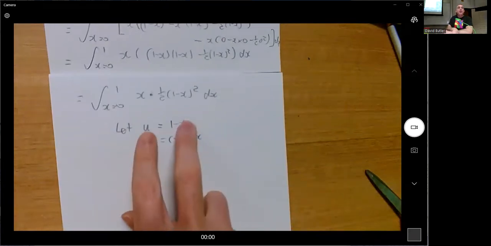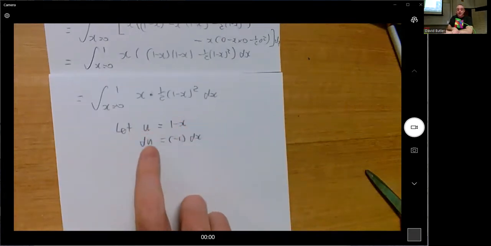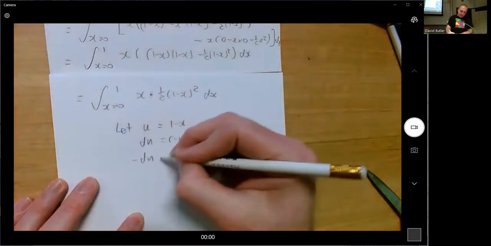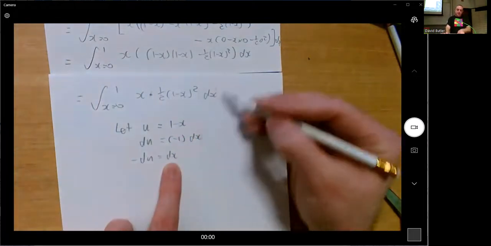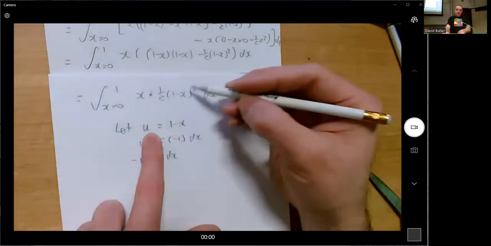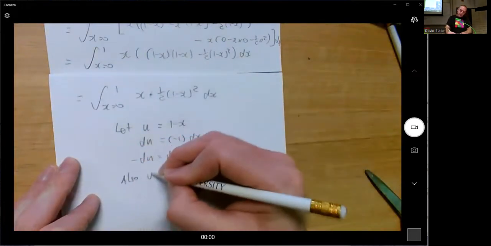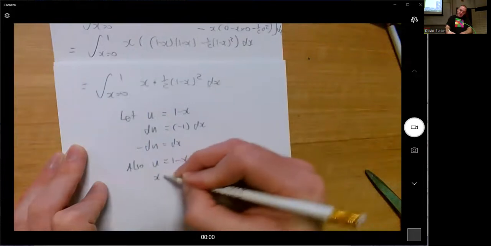So I differentiated both parts, du on dx, and that became a minus 1. So I can replace my dx with minus du, and replace the 1 minus x with u, and I can also replace x with 1 minus u.